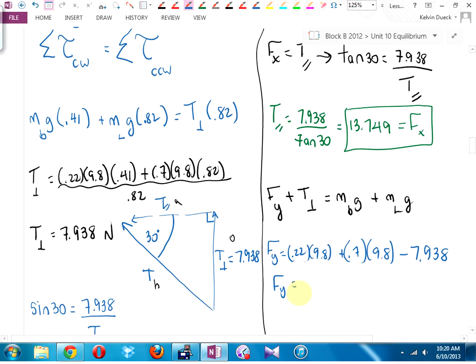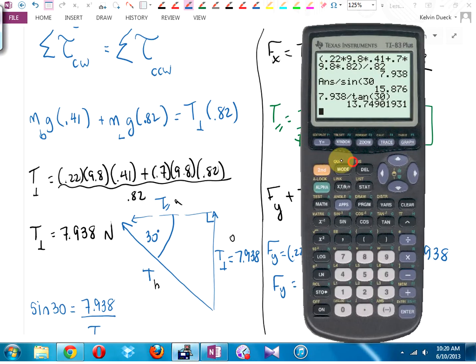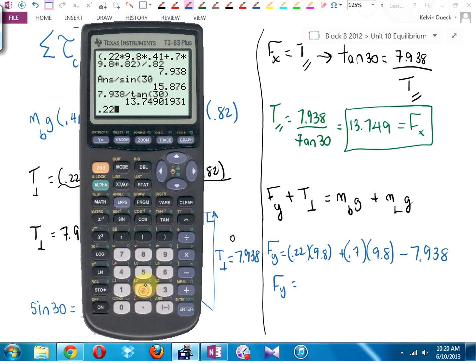How big is Fy? 0.22 times 9.8 plus 0.7 times 9.8 minus 7.938. This is going to be small. A little worried it was all going to cancel. 1.078.